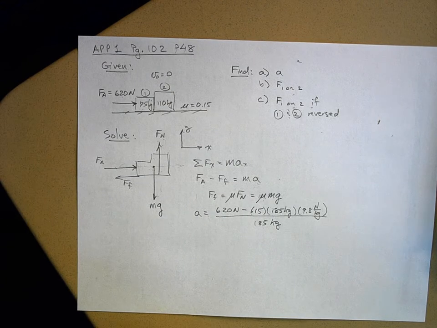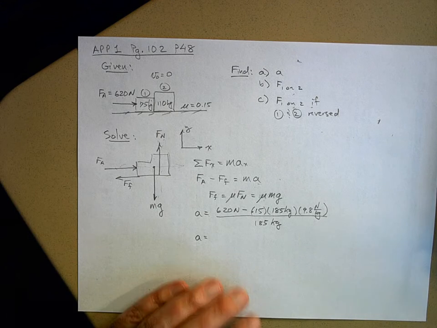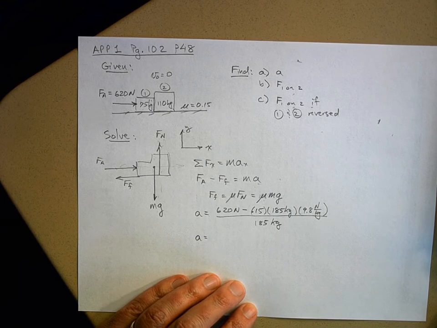And this should give us, well, let's see. Let's plug this in. I'm going to have 620 minus, and then in parentheses I'll put 0.15 times 185 times 9.8, close the parentheses, equals, and I get 348.05.